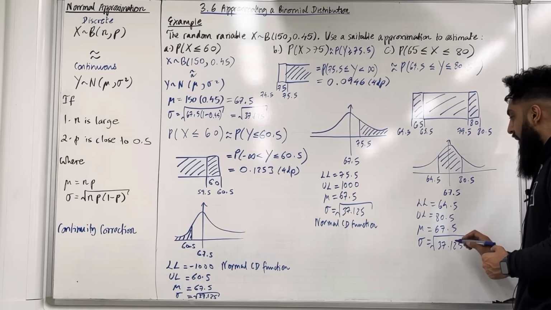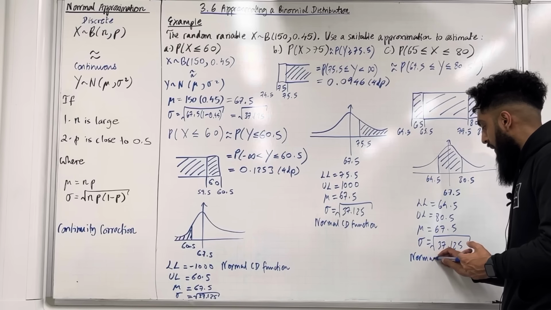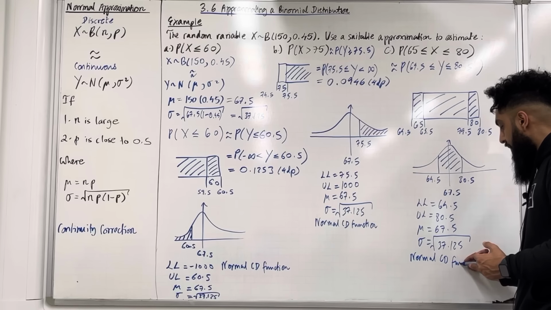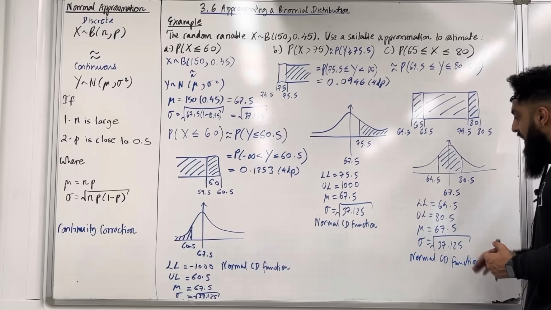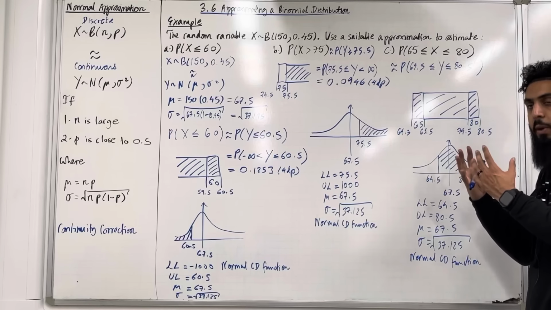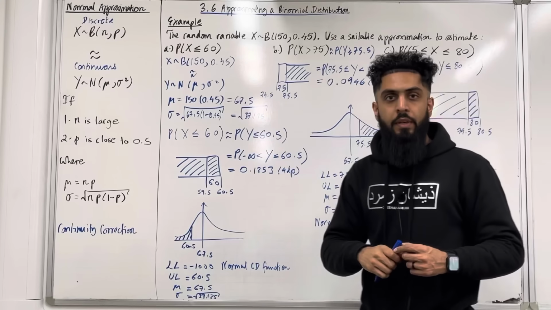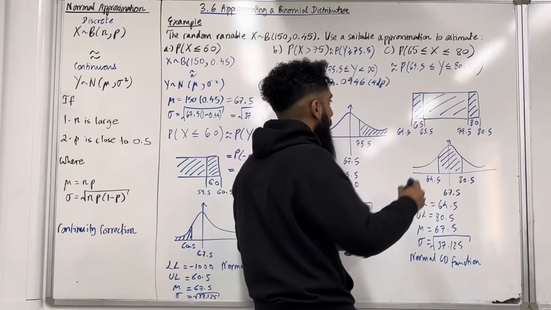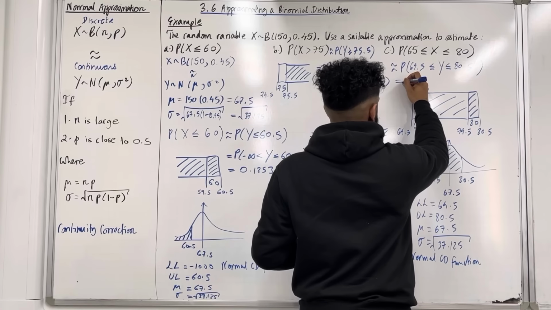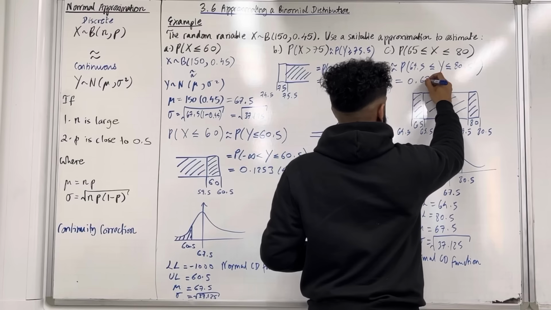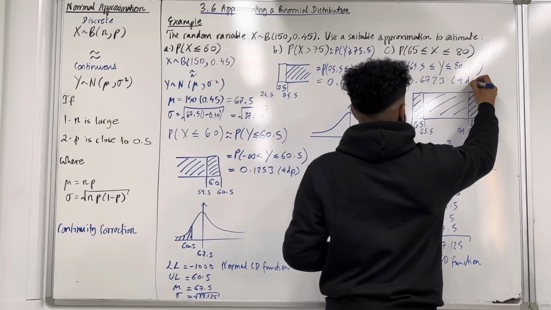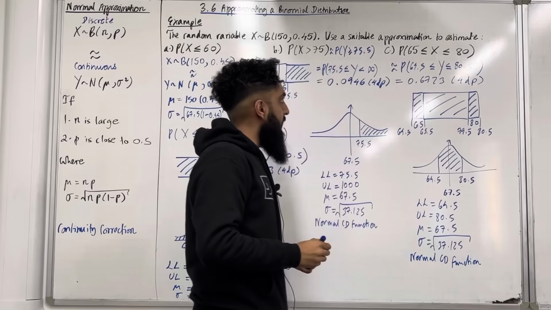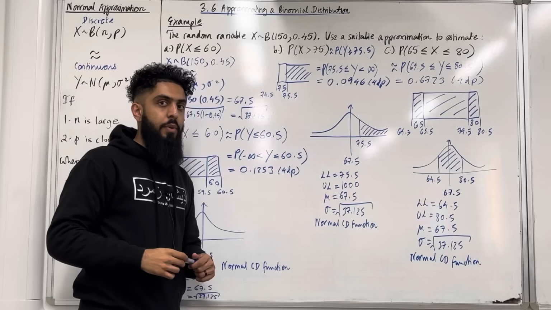Now we're going to use the normal CD function in our ClassWiz calculator with these values to calculate this probability. Okay, so this probability will equal 0.6723 to 4 decimal places. And that completes part C of the example.